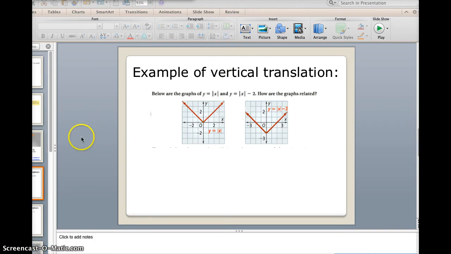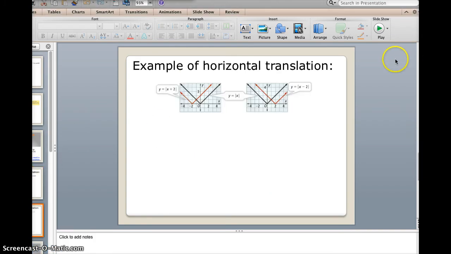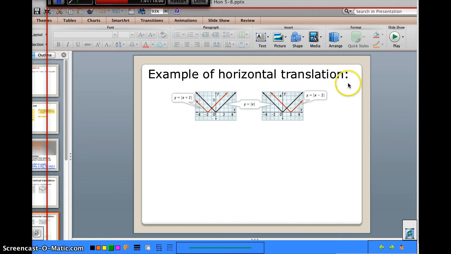The harder one to remember is the horizontal translation. This one's a little bit tricky. If you look at the first one, I'm going to go ahead and redraw this sketch, doing identically what they have. I just want to walk us through it.